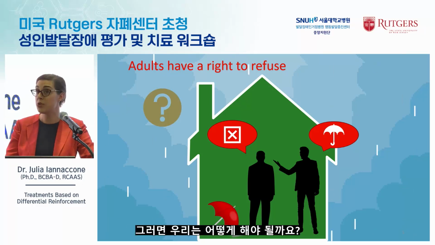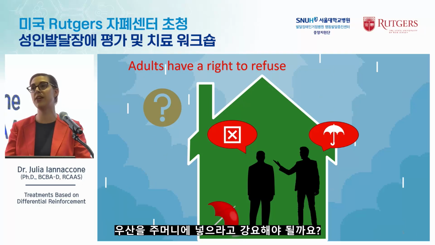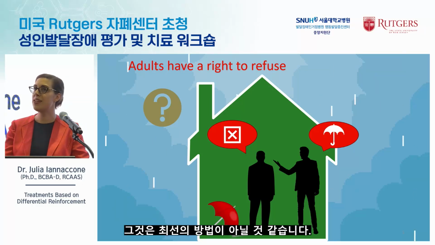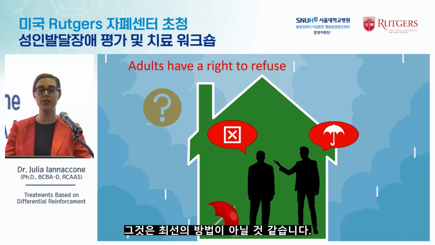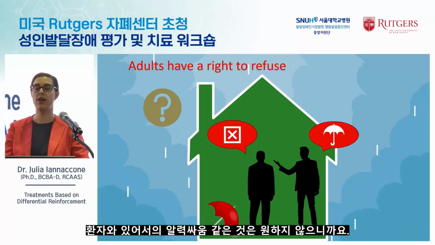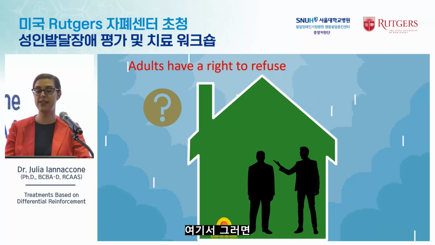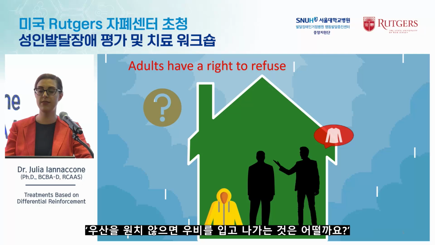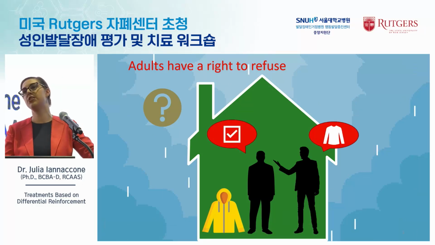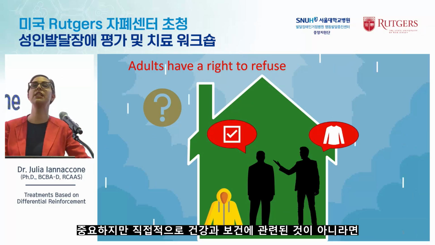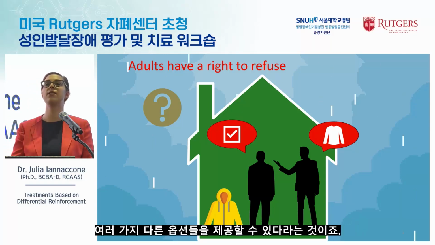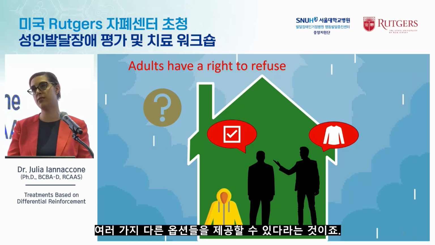Are we going to force him to grab his umbrella, take it and put it in his pocket? It's not the best course of action. We never want to engage in power struggles, as we call them, with our clients. What we can do instead is say, "Okay, you don't want your umbrella? Well, how about a rain jacket?" And Jimmy says, "Sure." So if something is still important, but it's not immediately related to their health and safety, we can offer them different options.